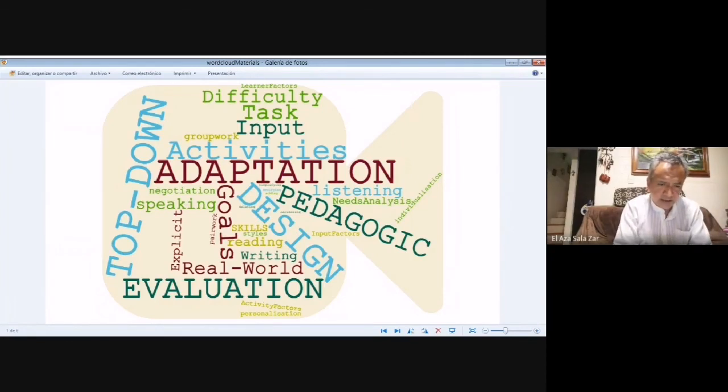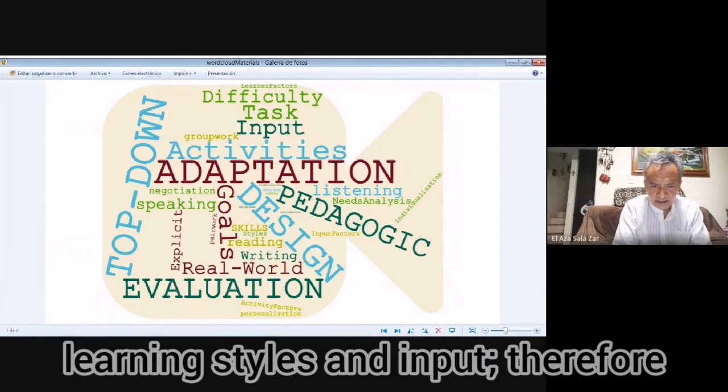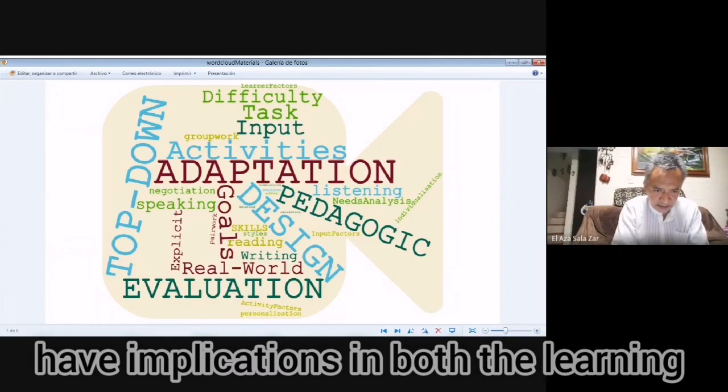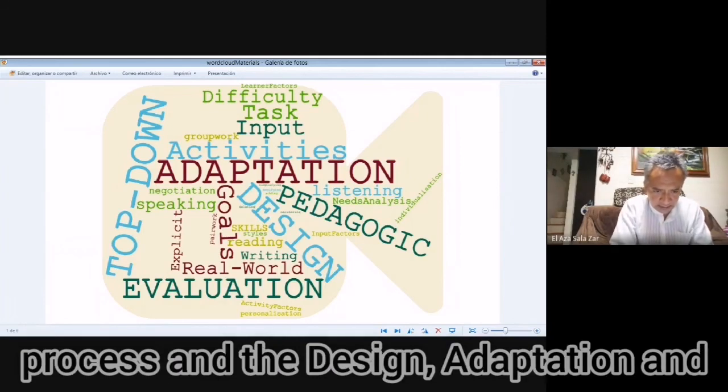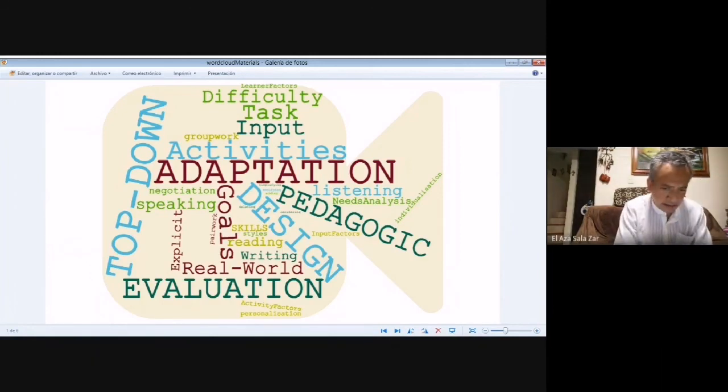Okay, we have a list of reasons to adapt materials, and about the adaptation of the materials, we can mention the personalization or individualization of the materials, but also we can mention some strategies which are simplifying or modifying, adding, deleting, and reordering the materials.